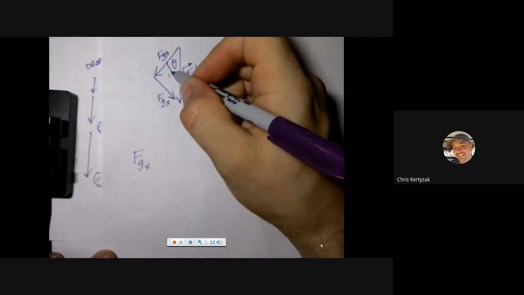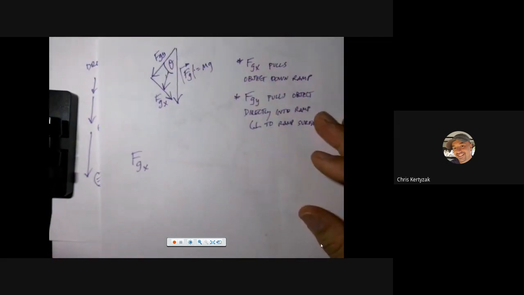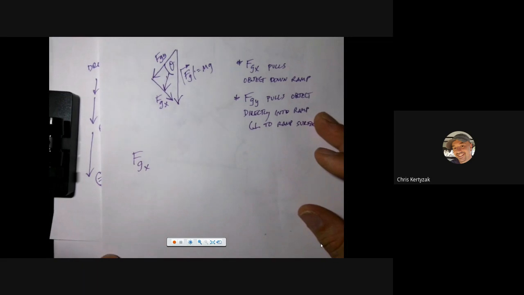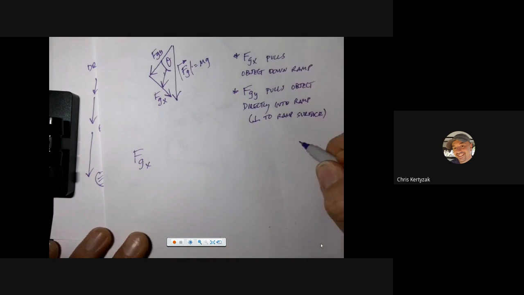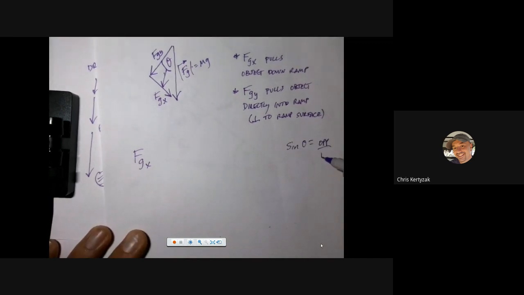Well, we would see that FGX is opposite of the angle that we're talking about, right? And which one goes with opposite out of our trig function? Sine or cosine? It would be sine, right? Because you might remember that the sine of an angle is opposite over hypotenuse, right?